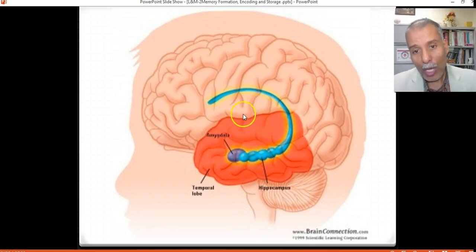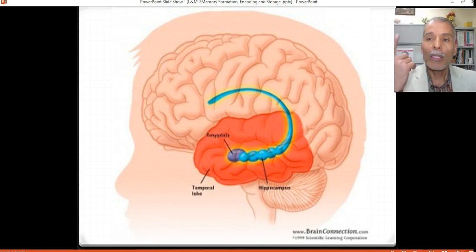And then across, you have areas like the basal ganglia and the thalamus. They are not showing here, but there is a whole system called, traditionally, the limbic system. That includes memory, learning, motivation, and emotions.